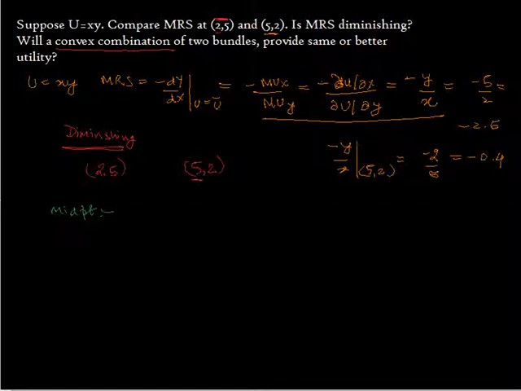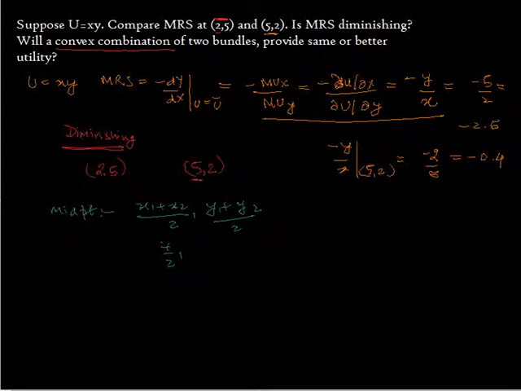How do you find the midpoint? (x1 + x2) divided by 2, and (y1 + y2) divided by 2. So this is (5 + 2) divided by 2, that is 7 by 2, and (5 + 2) divided by 2, that is 7 by 2. So this is your midpoint.